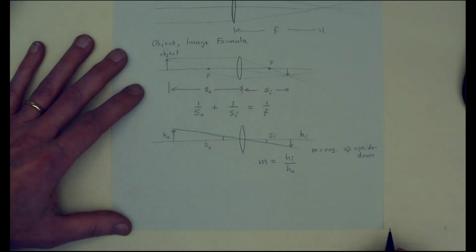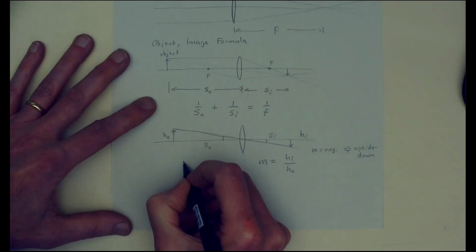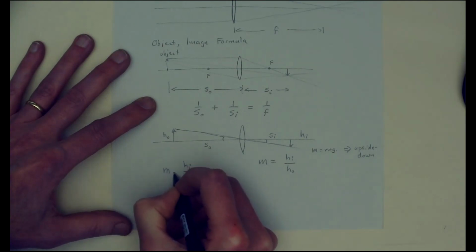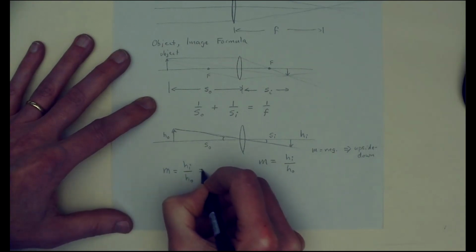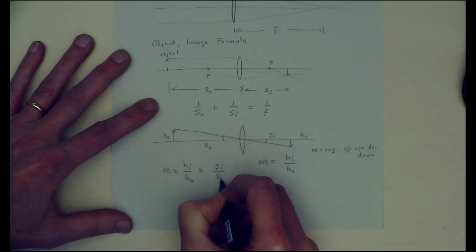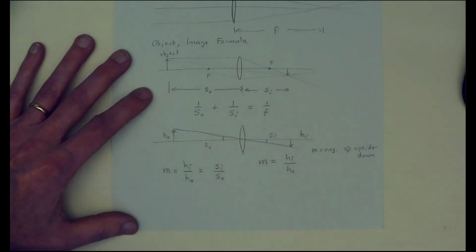Any kind of ratio you like will work. And so if you look at h_I over h_O, which is what we mean by magnification, that would be the same thing as S_I over S_O, except for one difference.